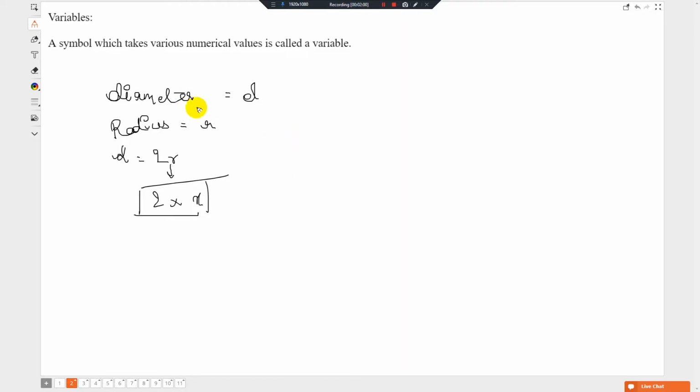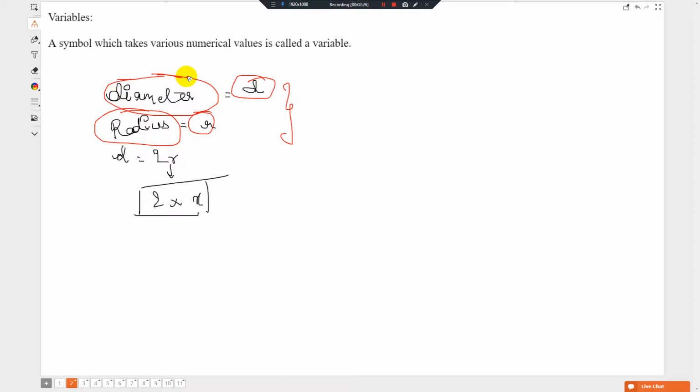So we have used a single letter to denote a big idea. Which letters did we use? d and r, the two letters, for diameter and radius.